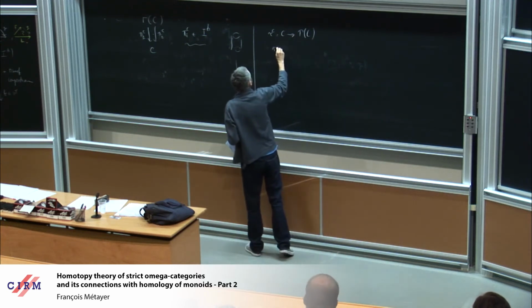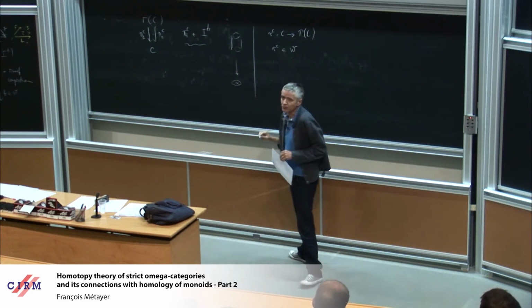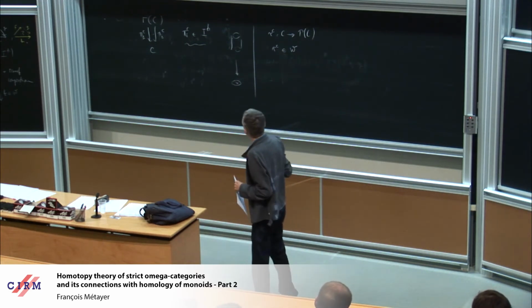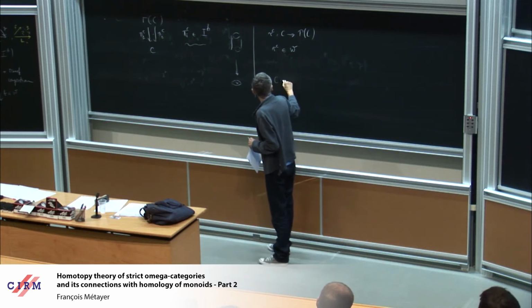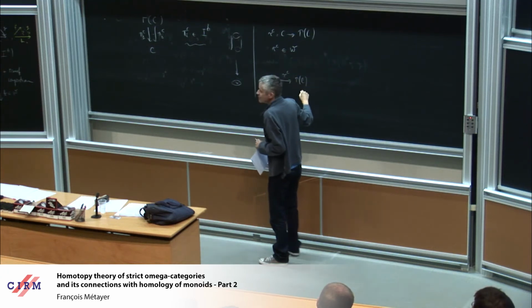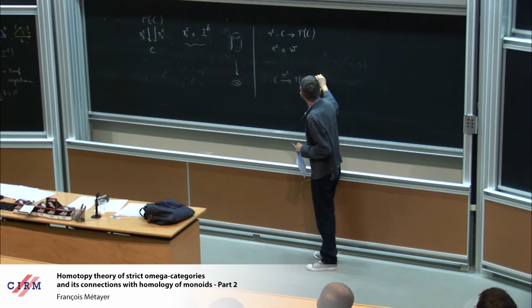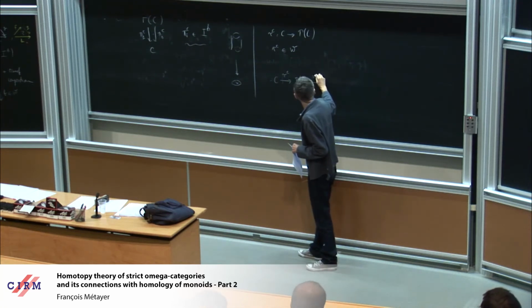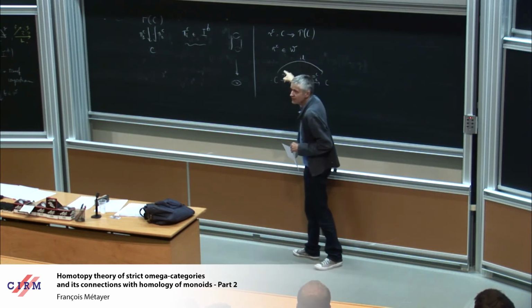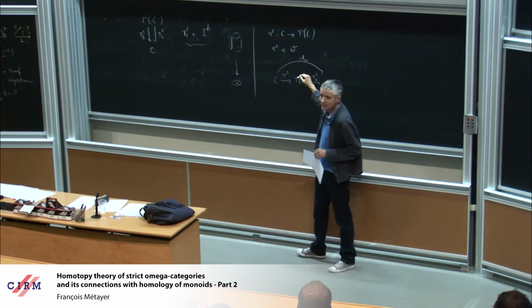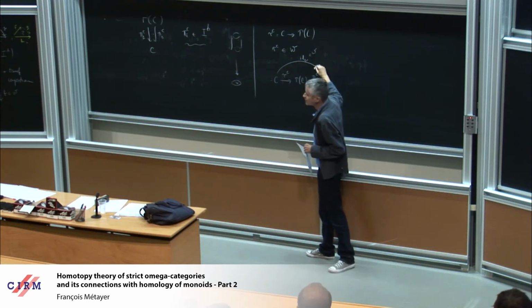Tau C belongs to W. That's, again, very easy because you get tau C, gamma of C, take a projection, for instance, pi 1 C. It's a section, so the composite is an identity on C. This is, of course, a weak equivalence.